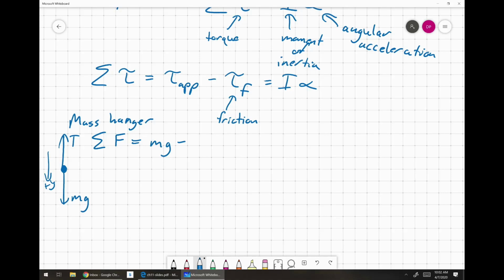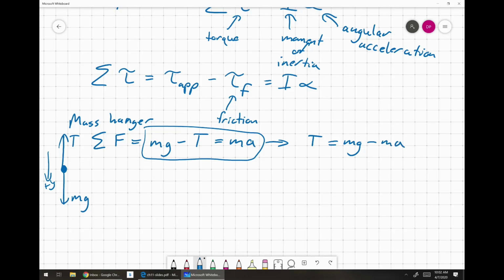So we have our weight minus the tension, and that's going to be equal to the mass on the hanger times the acceleration of the hanger. And so this gives us an expression for tension, right? We can solve this for tension, and we can see this is going to be mg minus ma.